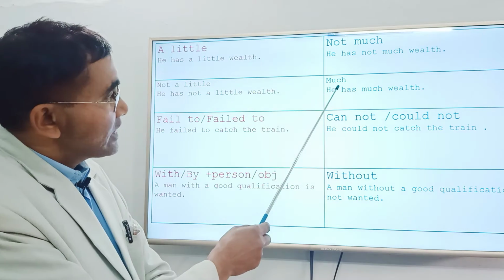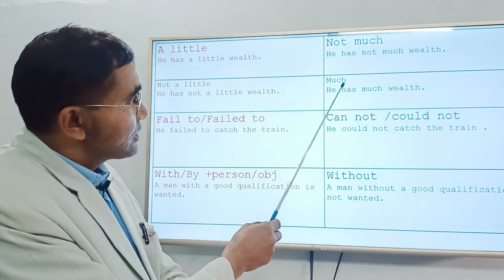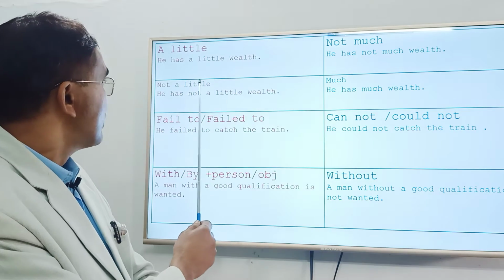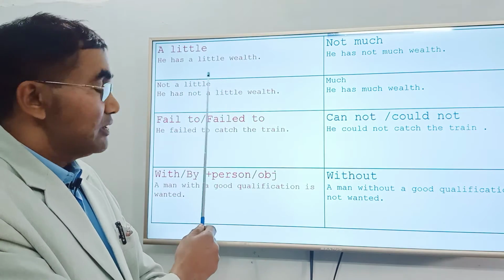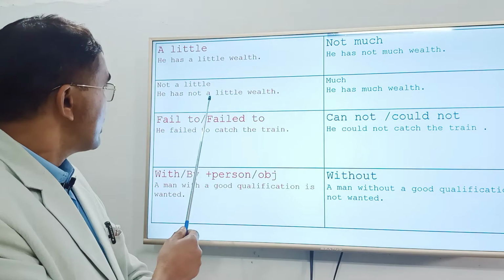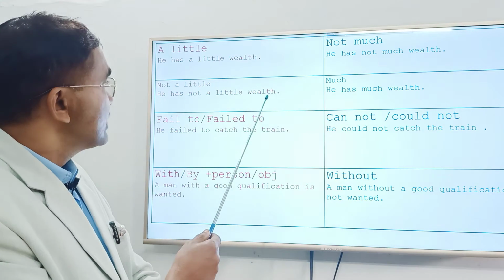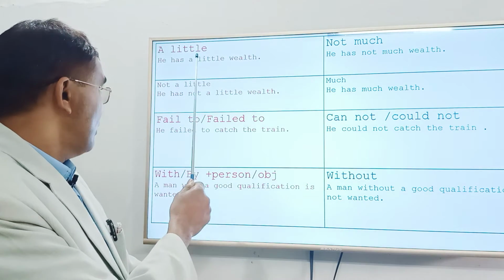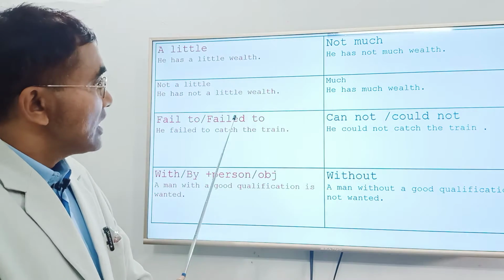If you find an affirmative sentence with much, you will have to use not a little. He has much wealth. The negative form can be he has not a little wealth. This is the inversion of the first one. Okay, you can easily understand it.